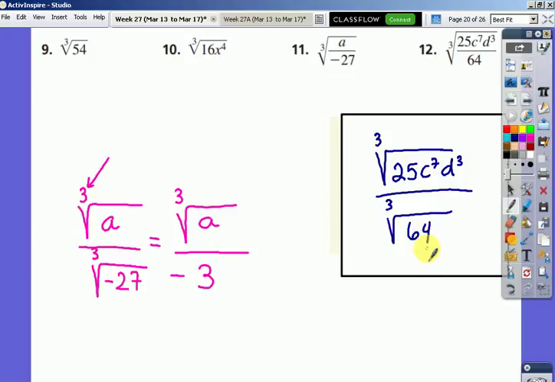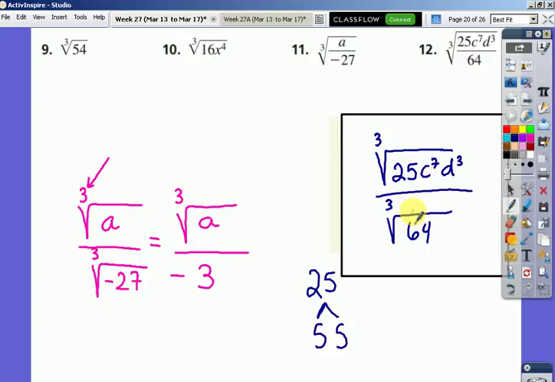Now, the first one, 25. Well, if I look at 25, 25 is a perfect square, but it's definitely not a perfect cube, right? So I have to just leave it there. So I already know that I'm going to have a cube root of 25 still. I can't do anything with that 25. How many groups of 3 can I take out of cube root of 7?